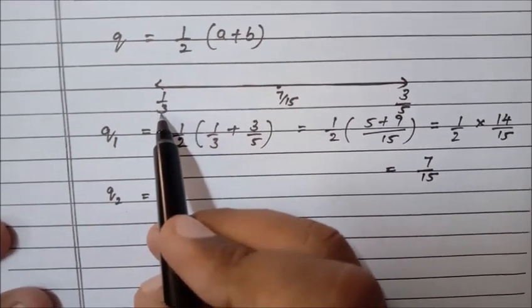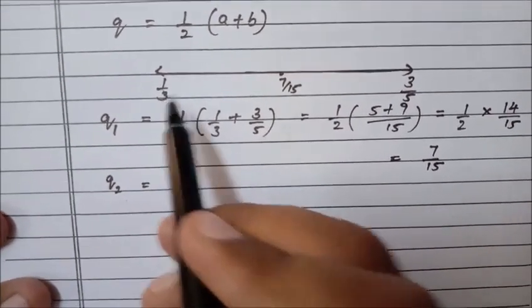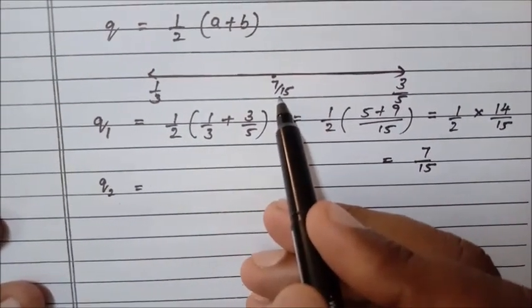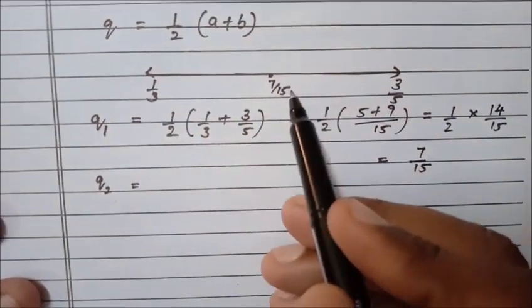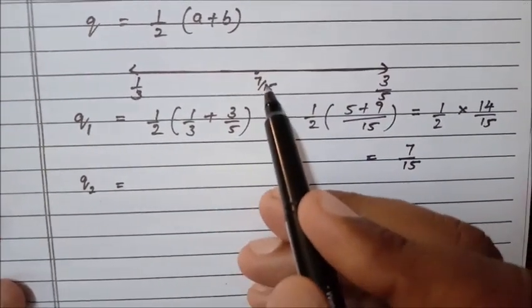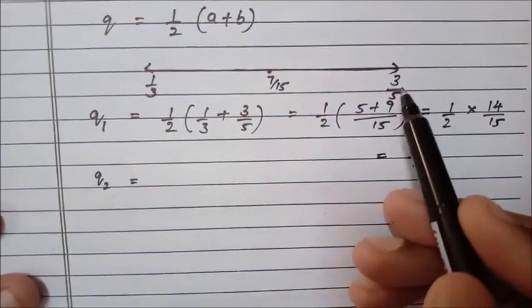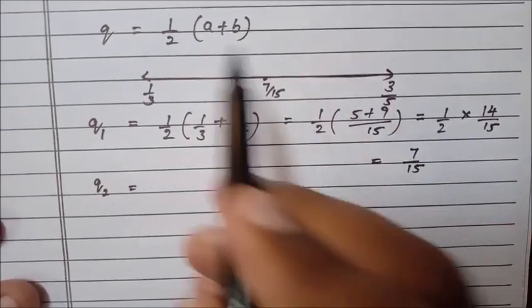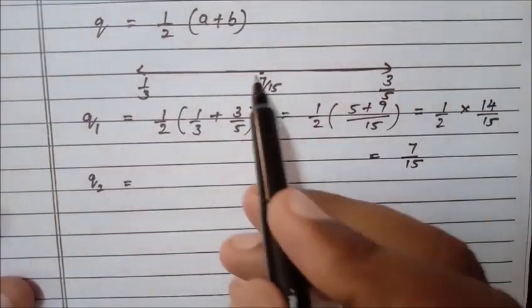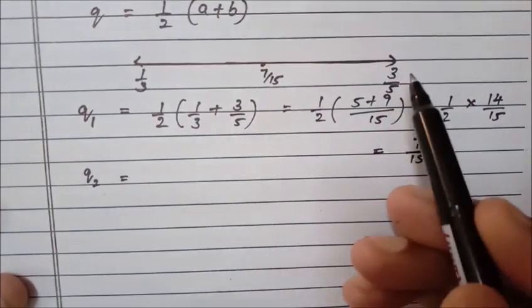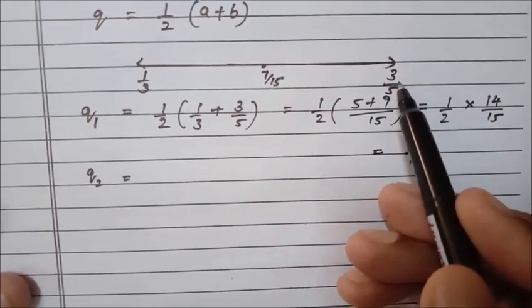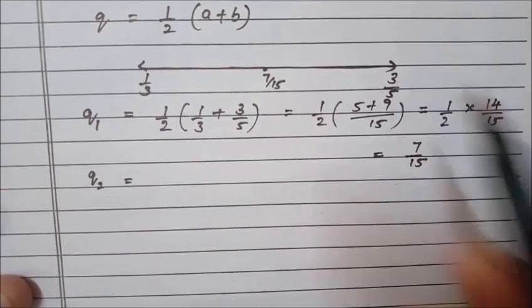So instead of A we can write 1 upon 3 and instead of B we can write 7 upon 15. Or you can consider either 7 upon 15 and 3 upon 5 as the two rational numbers. So instead of A we can write 7 upon 15 and instead of B we can write 3 upon 5.